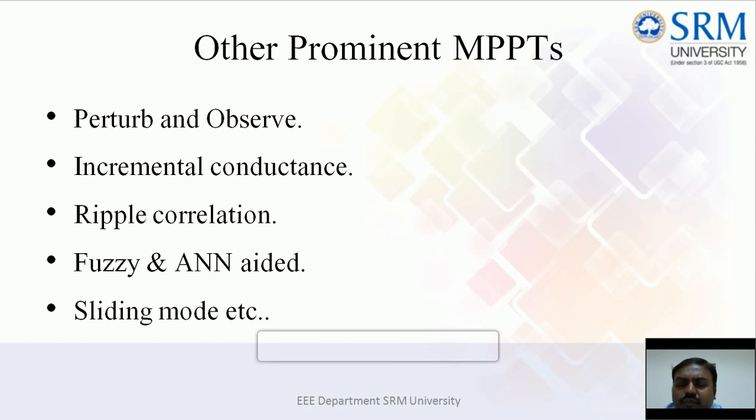More than 50 MPPT algorithms have already been reported in research. So people who work on a photovoltaic system should have good knowledge of implementing MPPT algorithms. As I already said, MPPT is an indispensable component in a photovoltaic system.